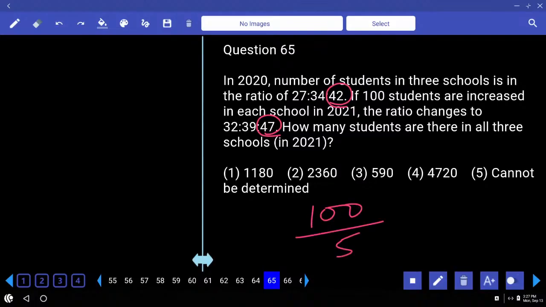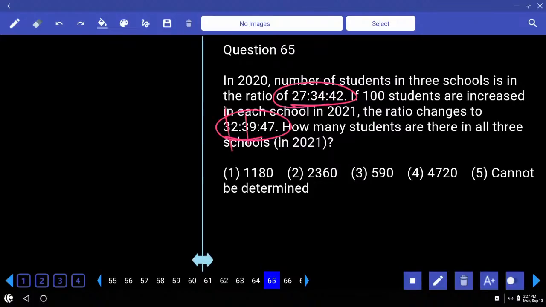Now, how many students are there in all 3 classes in 2021? If it were 2020, this part we would consider. As the question is 2021, this is the one we are supposed to consider. Is it clear?